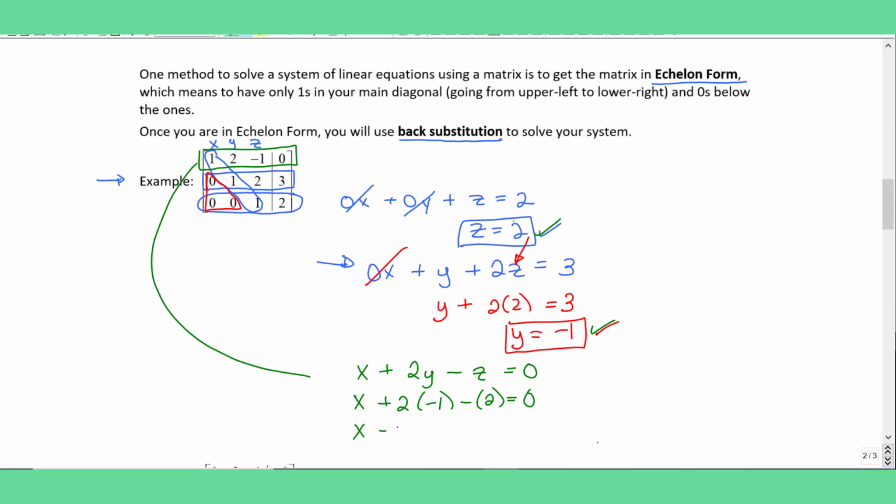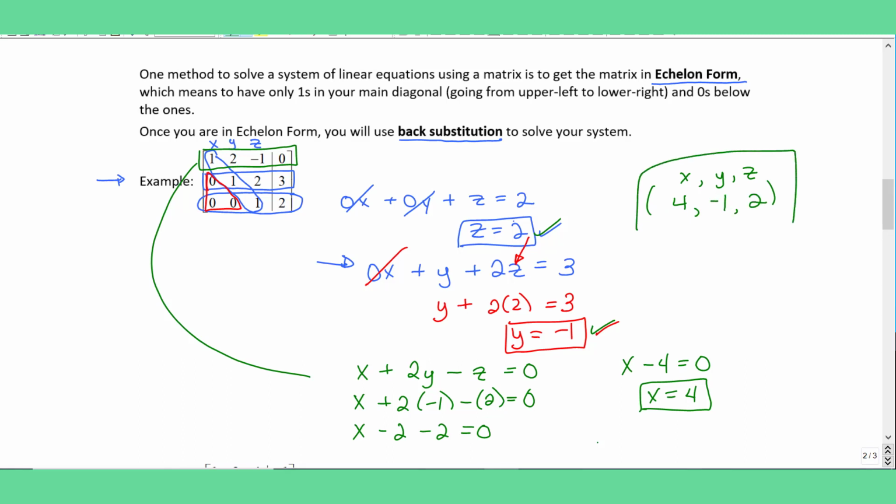So I have x minus 2 minus 2 is equal to 0. That's x minus 4 is equal to 0, so x is equal to 4. So we have what's called the ordered triplet, which is x, y, and z. And that is what's called back substitution.